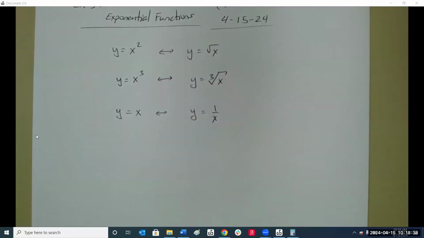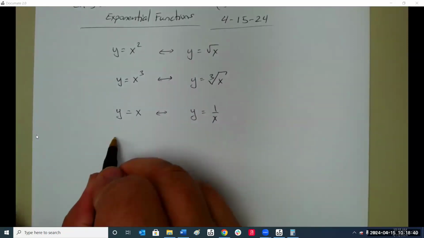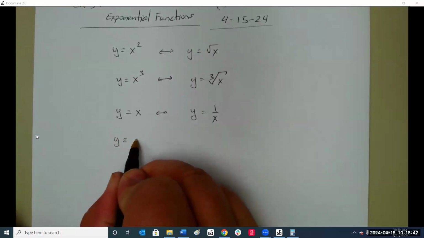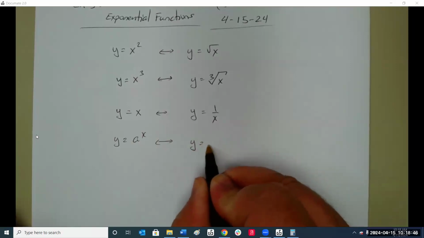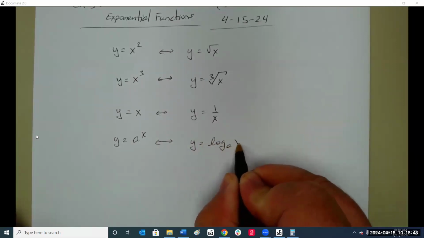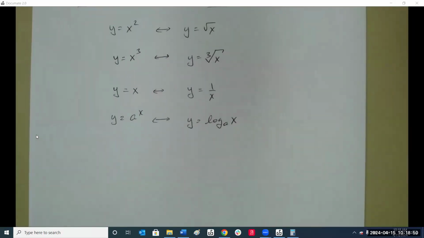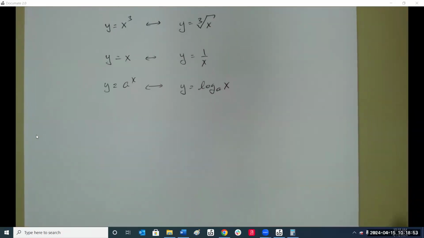Now, because we have to get into logarithms, what we're going to do now are exponentials and logarithms, which are inverses. This is what chapter 5 is about.